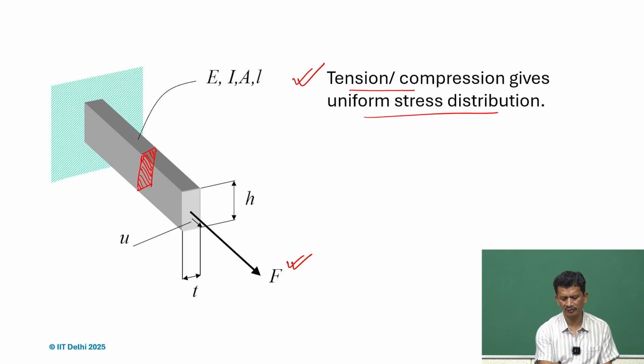So, there will be uniform stress distribution whenever there is tension and compression. In terms of material usage, definitely this is what is desired.